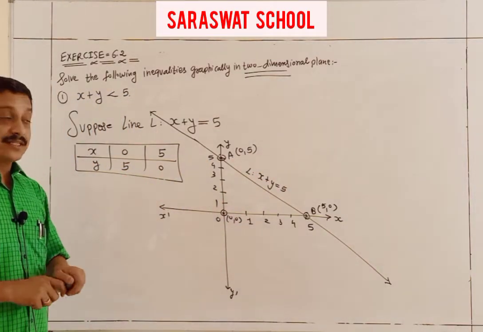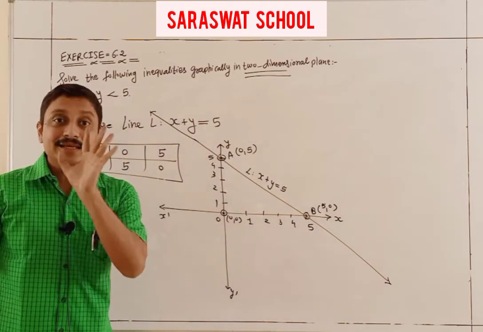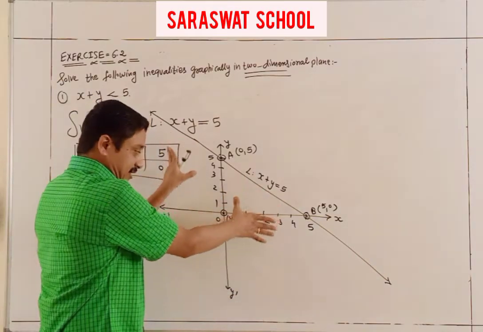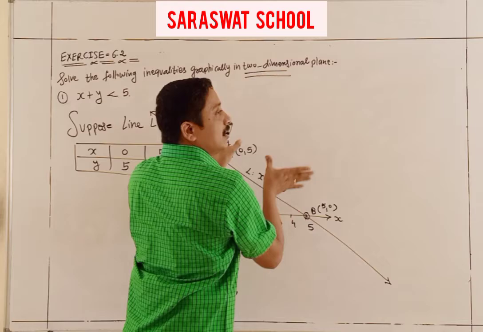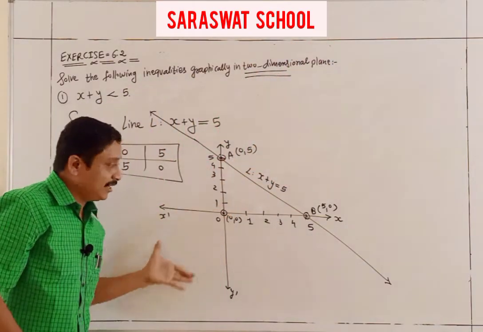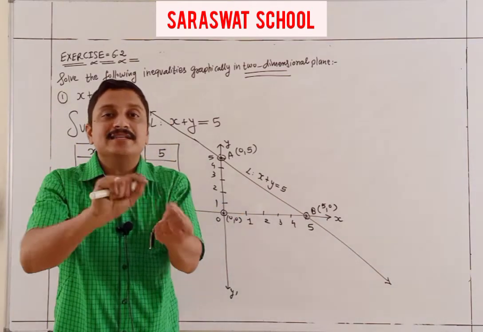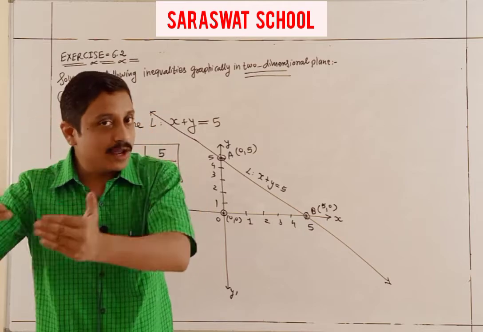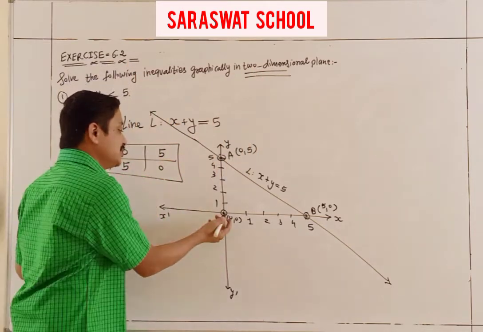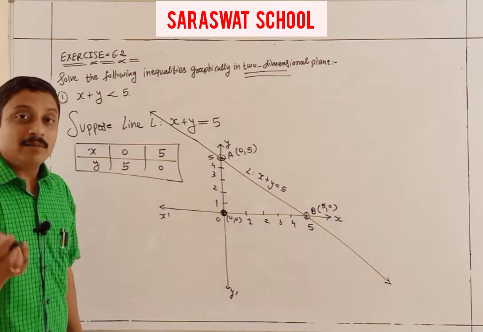Now students, this line is neither vertical nor horizontal. It means there are two parts: this region is the lower half plane, and that is the upper half plane. Now I determine which side is my answer, either the lower half plane or the upper half plane. So always check the origin. A different number is also possible, don't worry, but the origin is best.